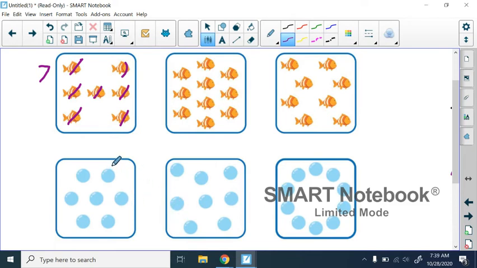Let's try this one. Ready? I'm going to mark them again. 1, 2, 3, 4, 5, 6, 7. This group has 7 as well. So these two match. Can you pause the video and try the rest on your own?